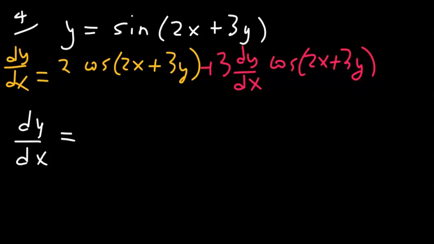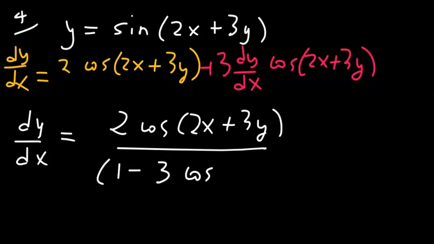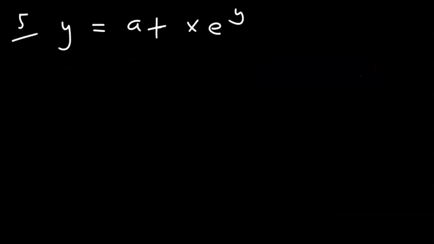So it is just 2 cosine(2x plus 3y) over 1 minus 3 cosine(2x plus 3y). And that's your answer.